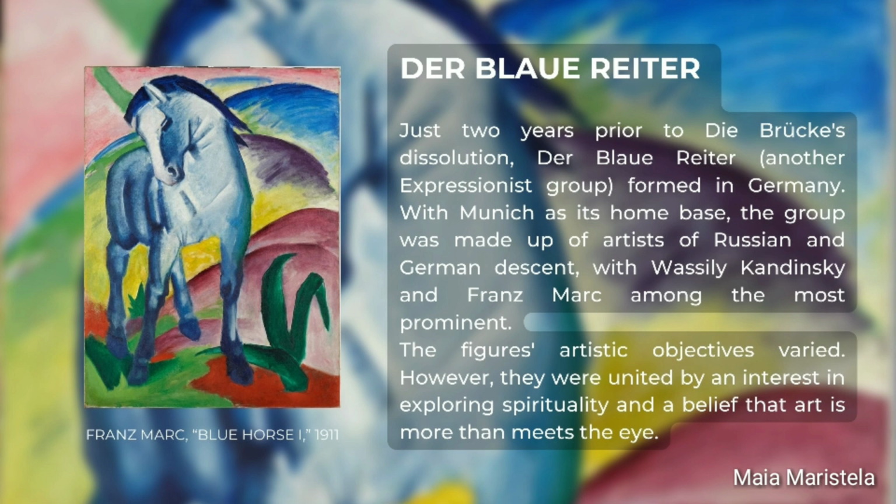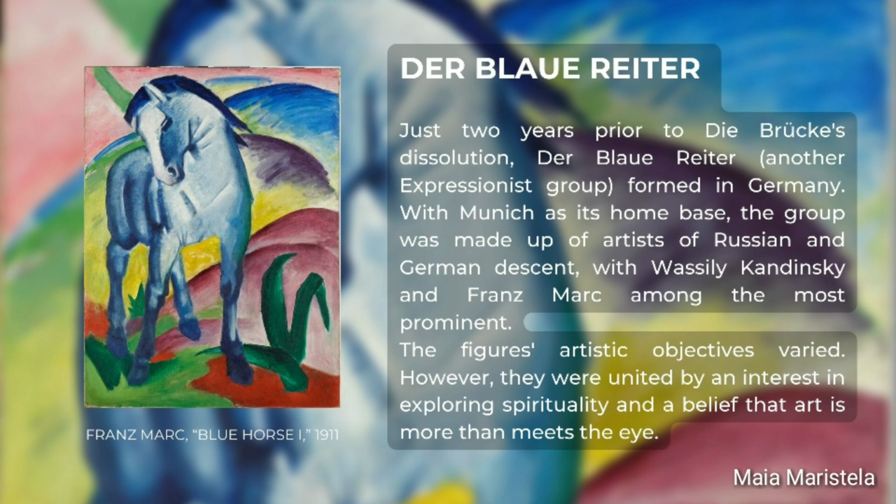Der Blaue Reiter. Just 2 years prior to Die Brücke's dissolution, Der Blaue Reiter, another expressionist group, formed in Germany. With Munich as its home base, the group was made up of artists of Russian and German descent, with Wassily Kandinsky and Franz Marc among the most prominent.